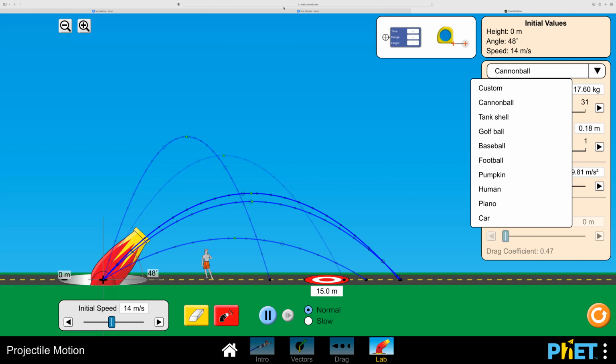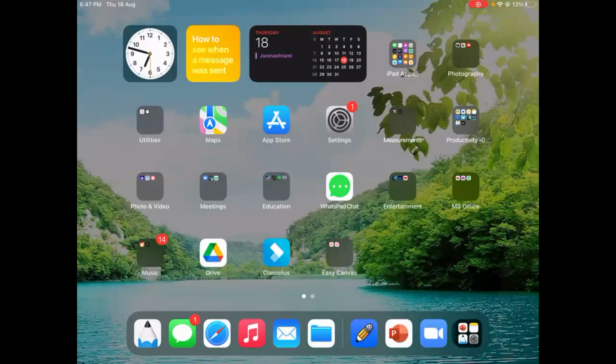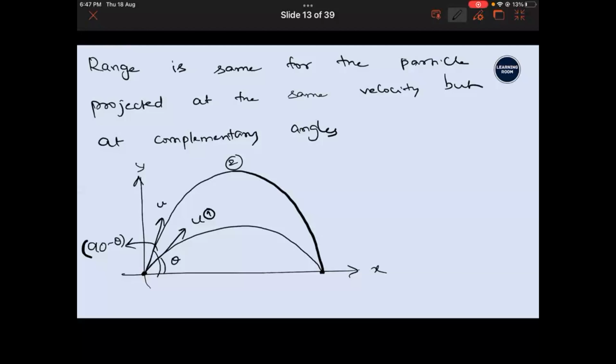Is it clear? So the next question is, equation of a projectile.